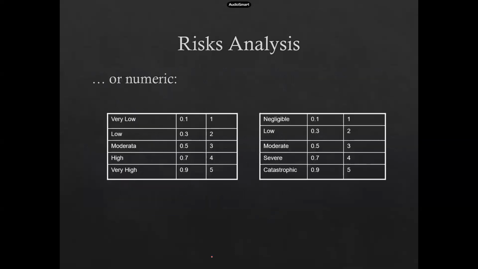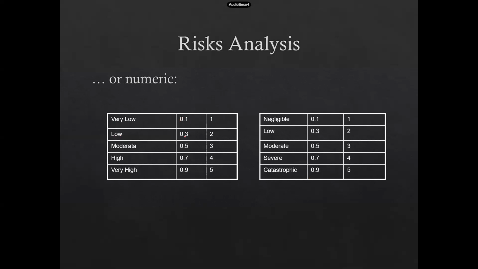So moving onwards, the first thing that we need to do is give this probability. This is a simple mapping chart. The very low category of the risk is quantified as 0.1, and on the scale it is 1.